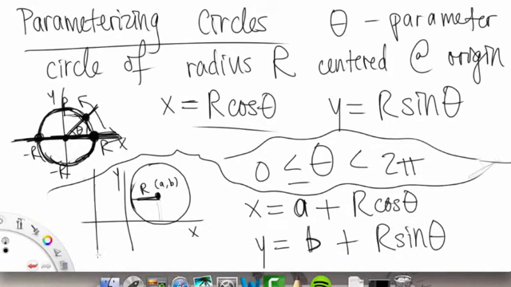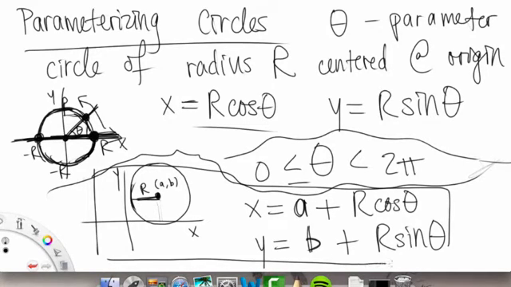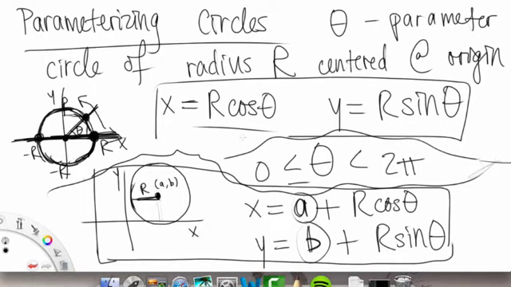So the bottom is the more general way of writing it, and if your center is at (0, 0), then a is just going to be 0, and b is going to be 0, and we get back to our simple parameterization, where the circle is centered at the origin.